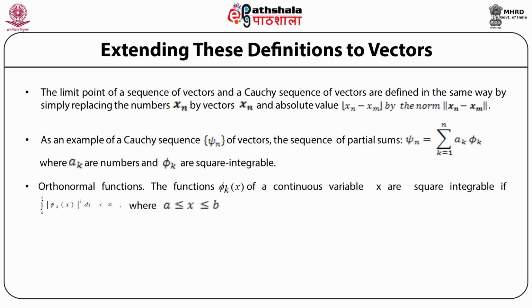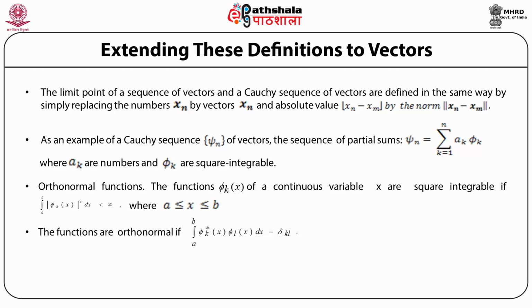The functions phi k(x) of a continuous variable x are square integrable if the integral with limits from a to b of the modulus of phi k(x) whole squared dx is less than infinity, where a is less than or equal to x is less than or equal to b.